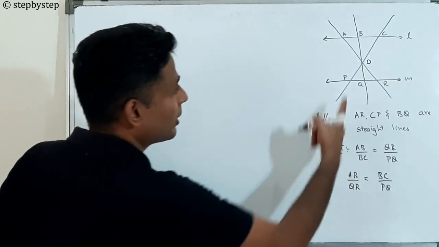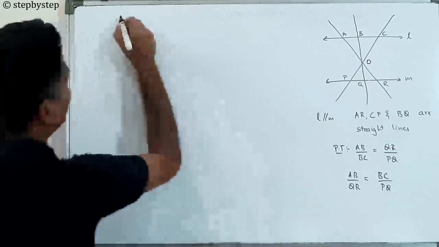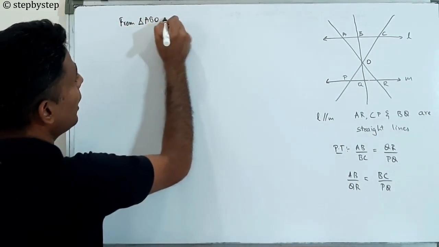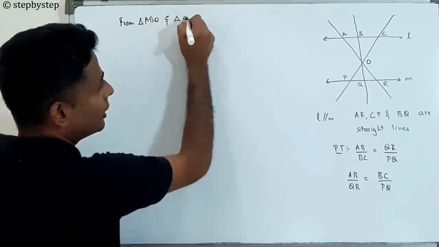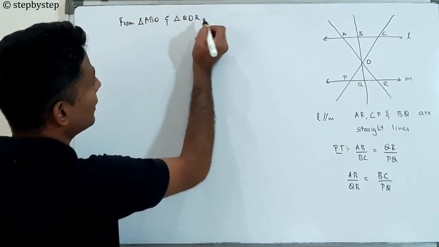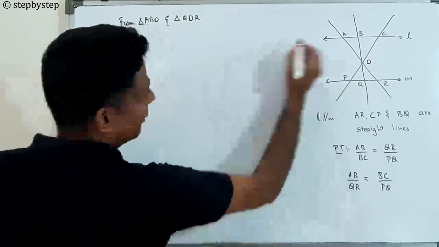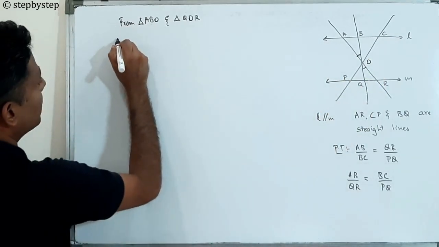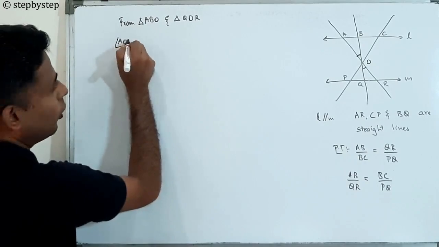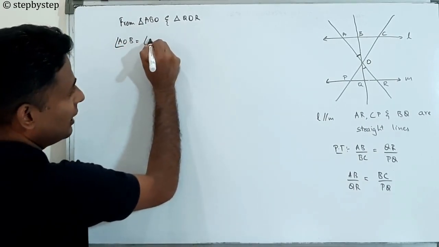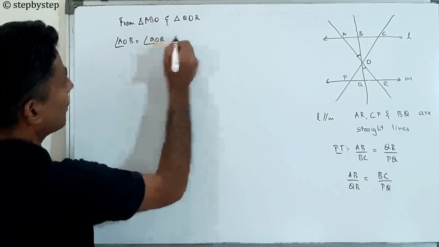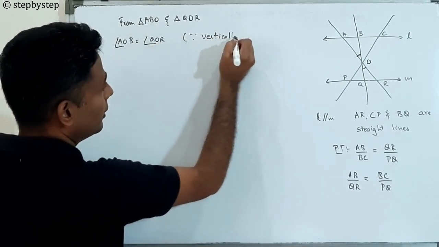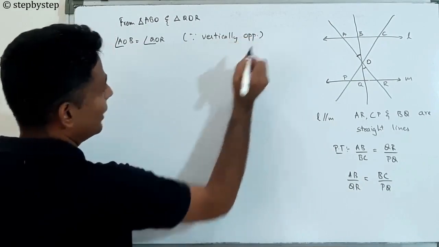Now from these two triangles, that is from triangle ABO and triangle QOR, what do we get? This angle equal to this angle. Why? Vertically opposite. So we get angle AOB equal to angle QOR. Why? Vertically opposite. You need to write the reason always.